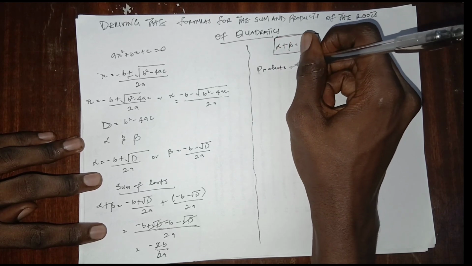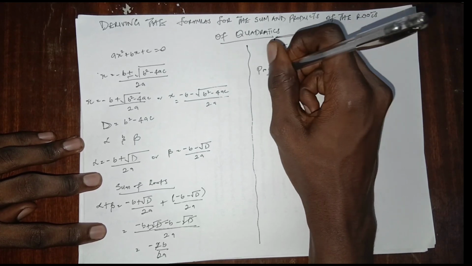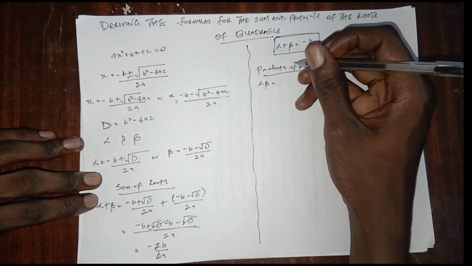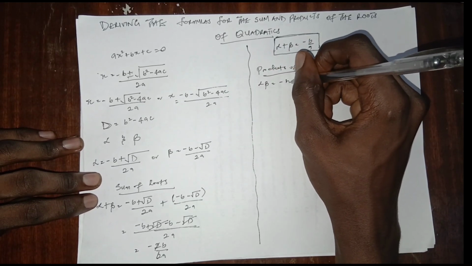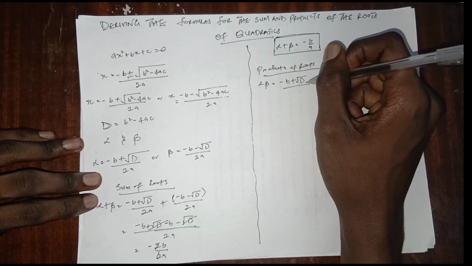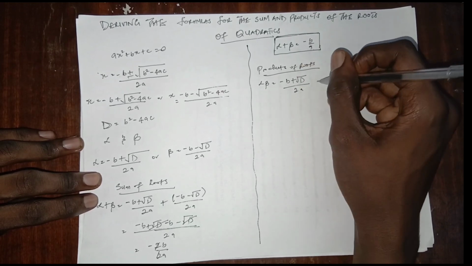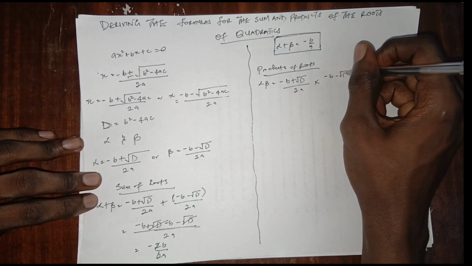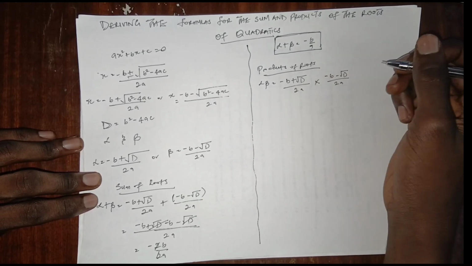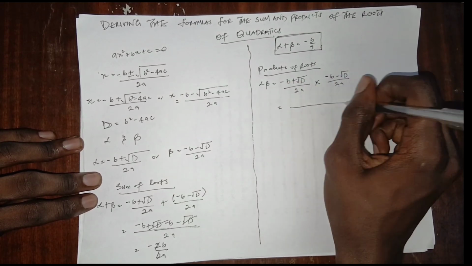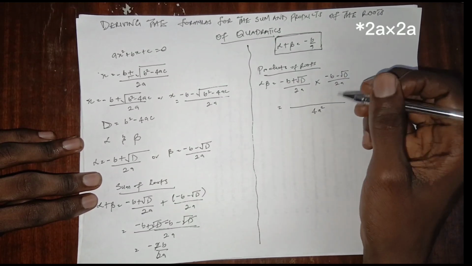Then for the product of roots, just the way we did this one, we have to multiply both sides. So you have minus b plus root d over 2a multiplied by minus b minus root d over 2a. Multiplying the denominators together, you have 4a squared.